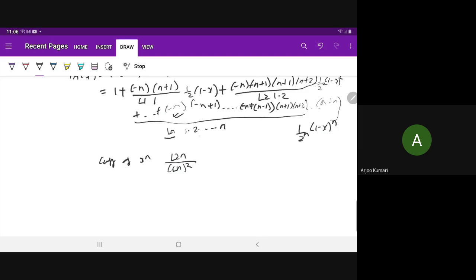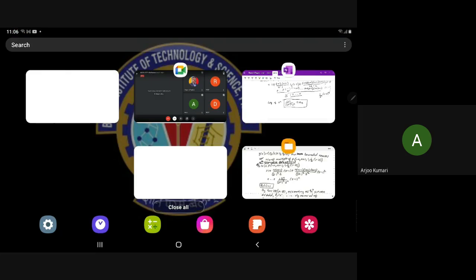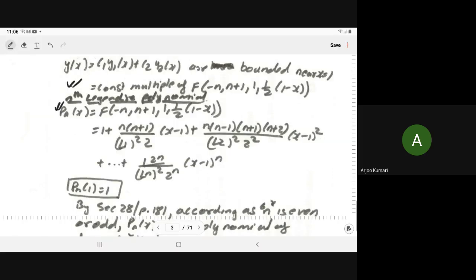This is factorial n, this is factorial n, so factorial n whole square and 2 to the power n. So that is the coefficient of x to the power n, which we call an. This is the coefficient of x to the power n when we open this hypergeometric series.